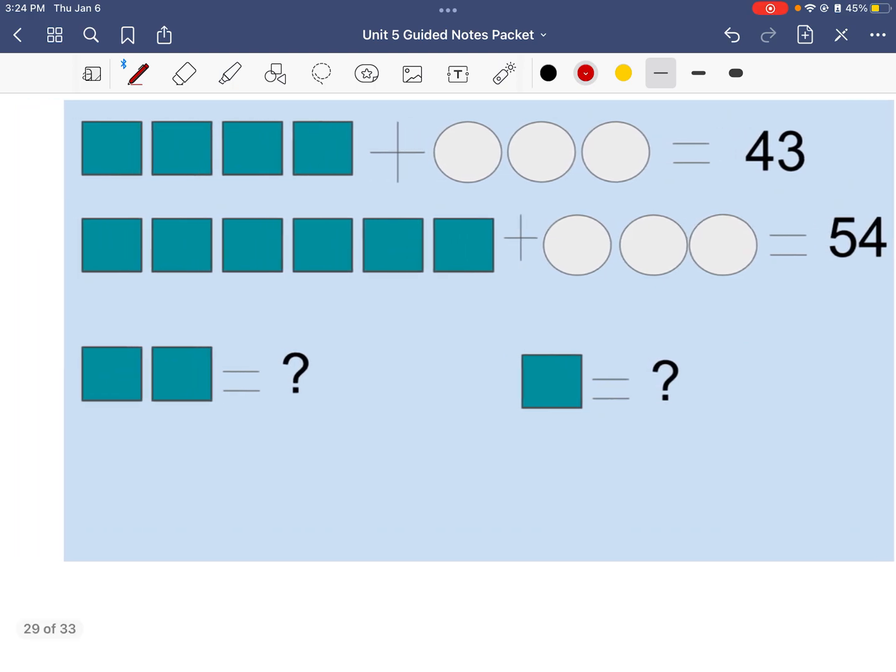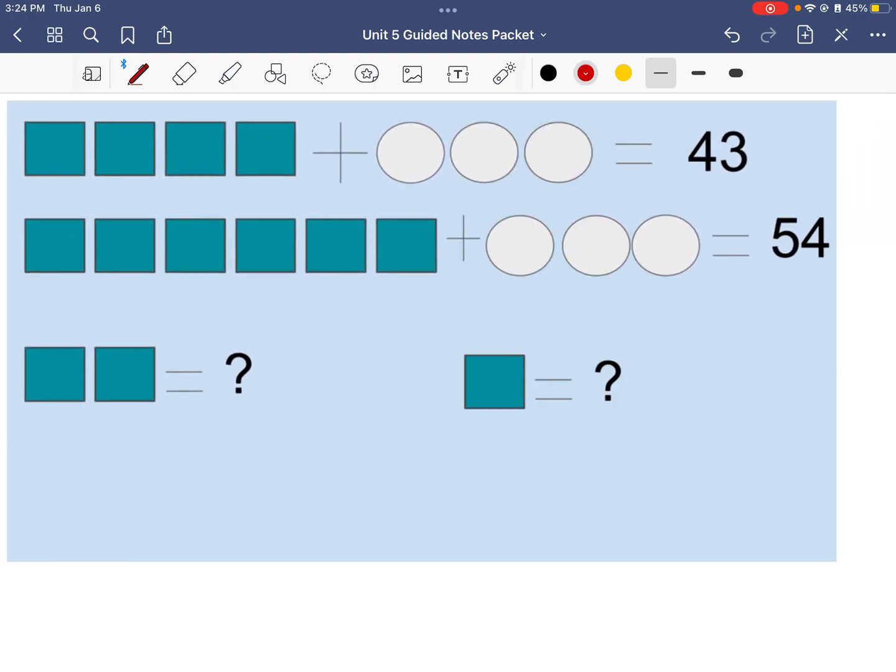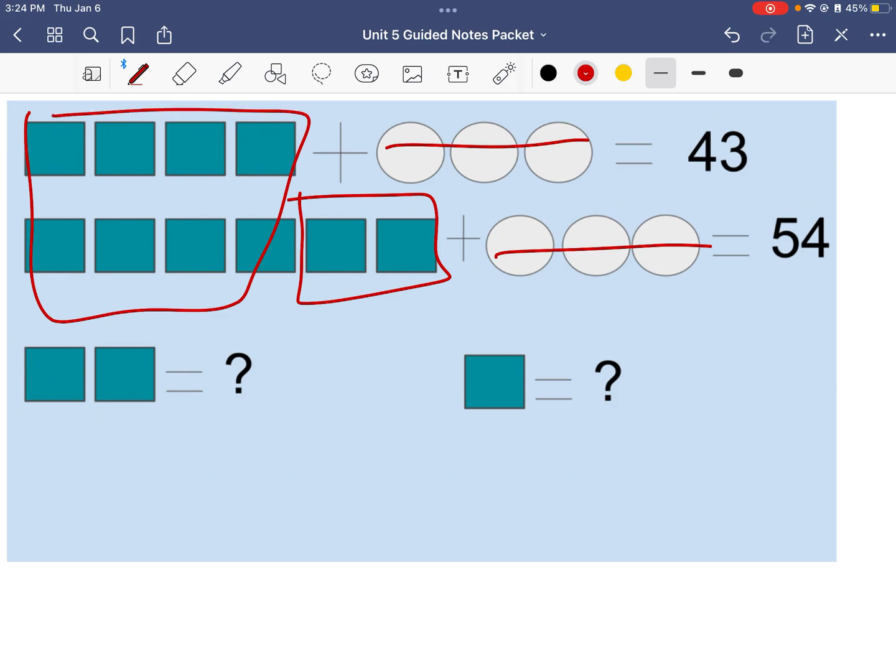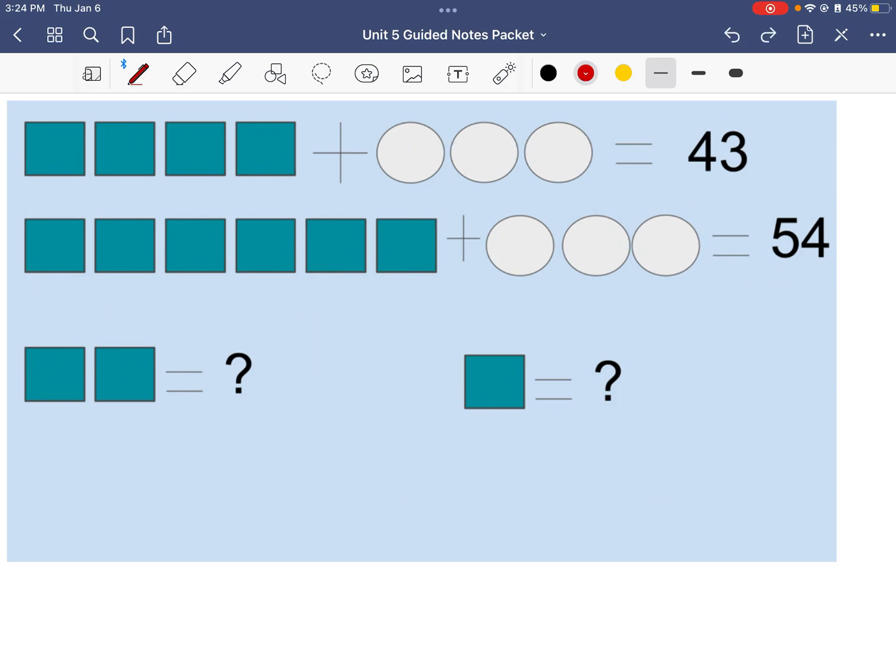I think most people were pretty quick to see this one too. The difference is these 2 squares. We've got 3 circles, that's the same. But we've got 4 squares here, 2 extra there, and then we've got 43 and 54 that are different. So again, how do we get from here to here? Well, we add 2 squares. And how do we get from here to here?